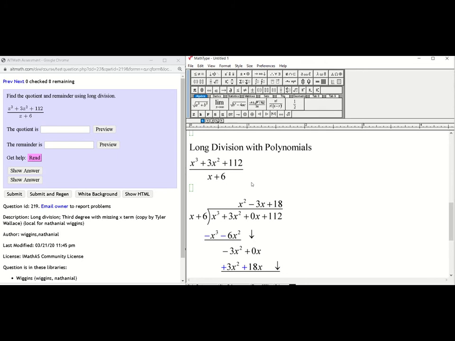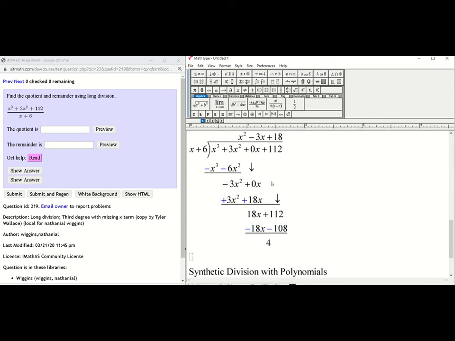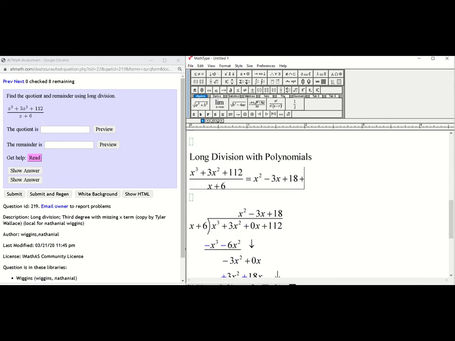So this thing actually is going to equal x squared minus 3x plus 18. And then our remainder is 4, so plus 4 over x plus 6. This should be our answer here.